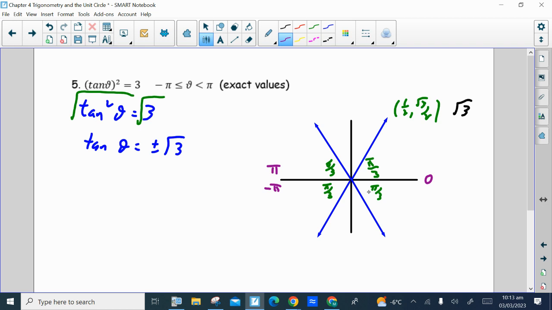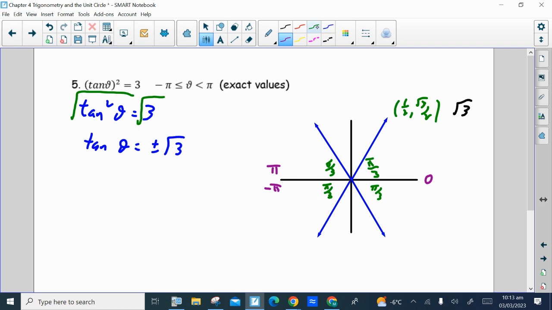So the first one, I'll do this one in quadrant 3. You have to go from 0 in a clockwise direction to this terminal arm here. You are pi on 3 short of going all the way to negative pi.